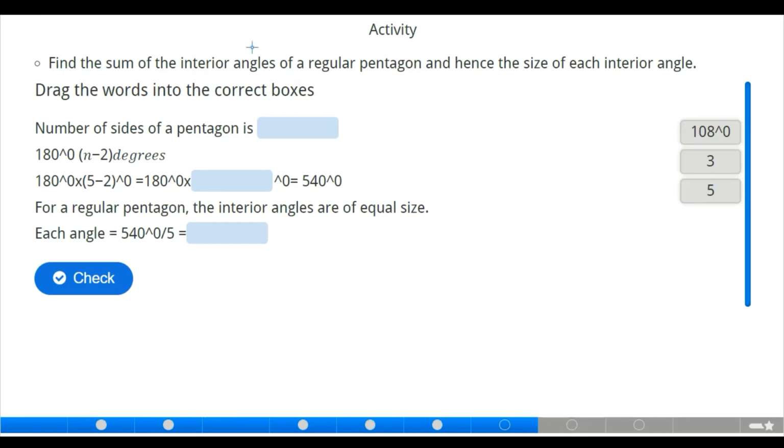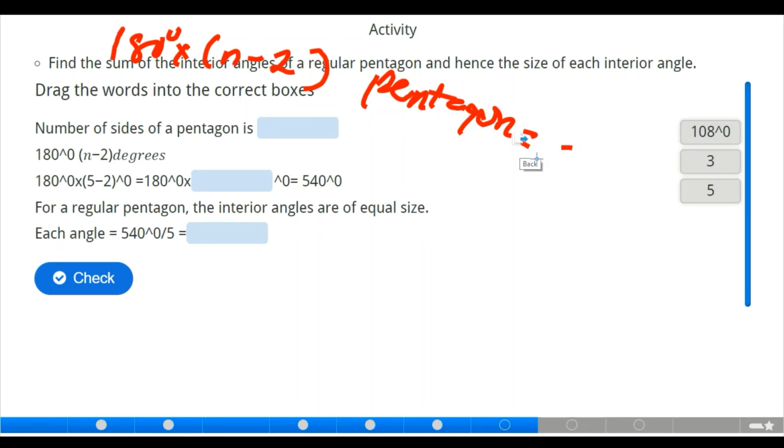We have been told that if we want to calculate the angles of a polygon, the formula is 180 degrees multiplied by n minus 2, where n means the number of sides of that given polygon. So this time around, our pentagon has 5 sides to make up the shape.